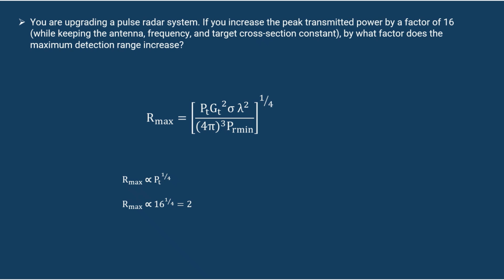That means if you have to double the distance, you have to increase the power by a factor of 16. So this is how we calculate the maximum range.